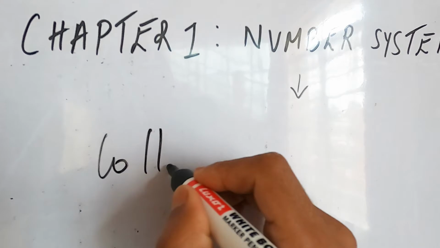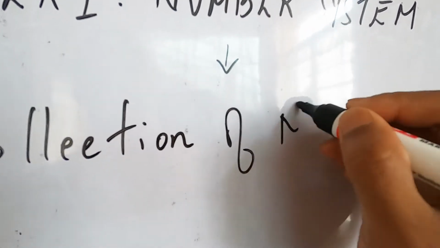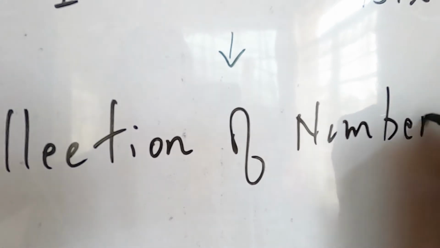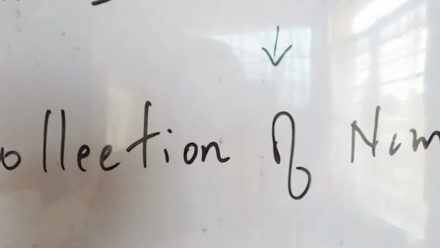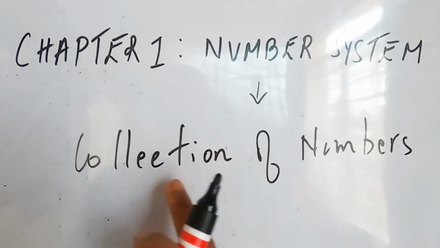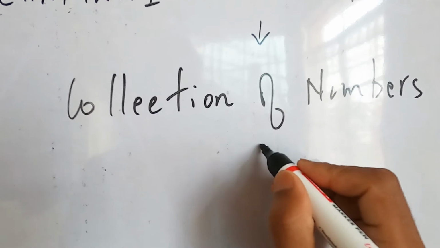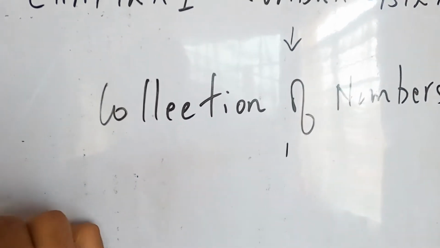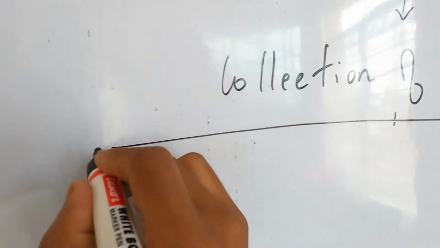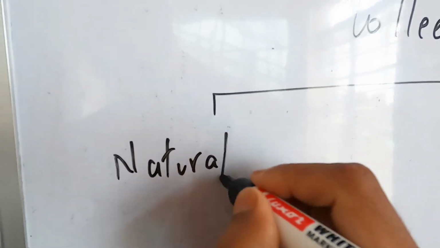Alright, so what are the different types of collection of numbers? So the different types of collection of numbers will be: number one will be natural numbers.